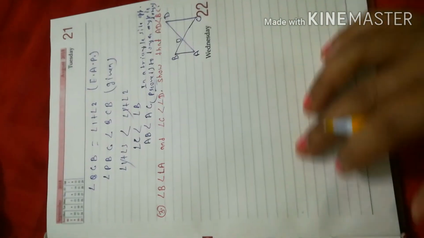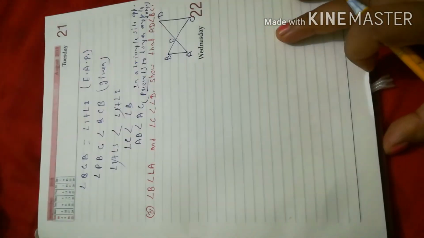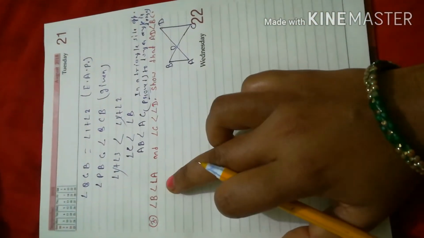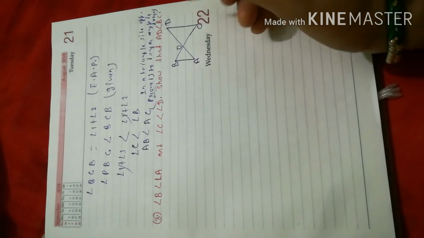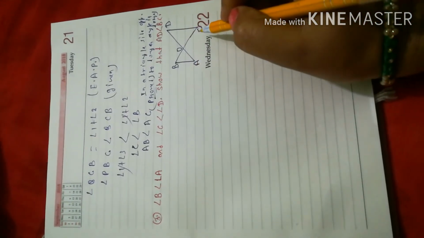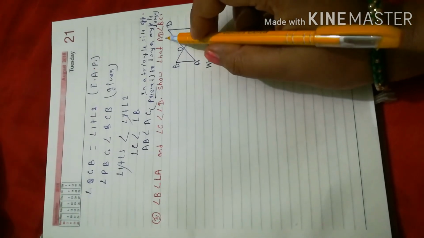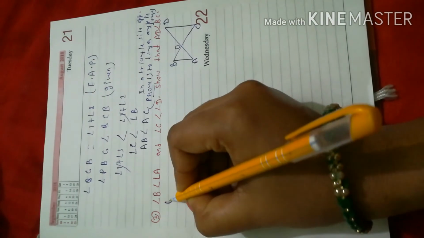Now we will do question number 3. Our question number 3 is: angle A is greater than angle B, and angle D is greater than angle C. Then we have to prove AD is less than side BC. At first we will write the given part.